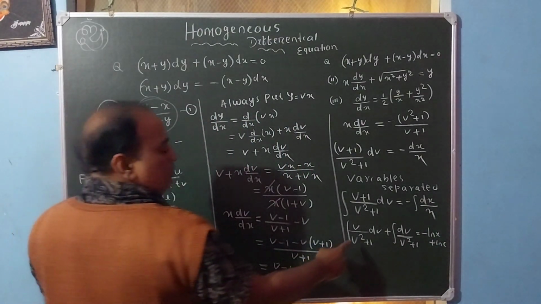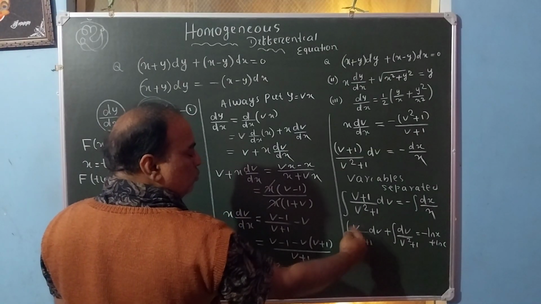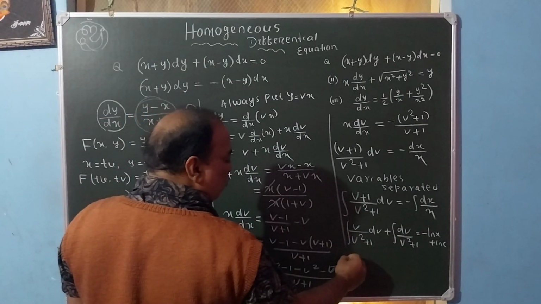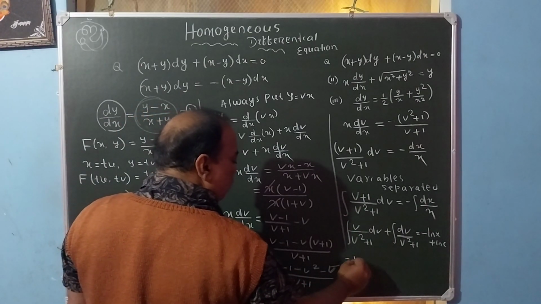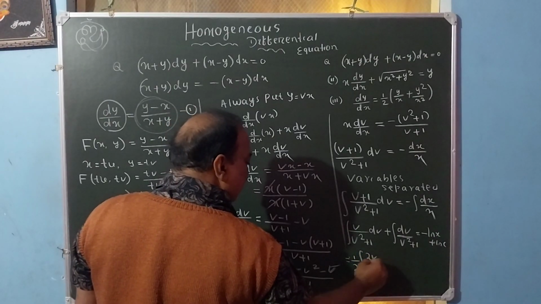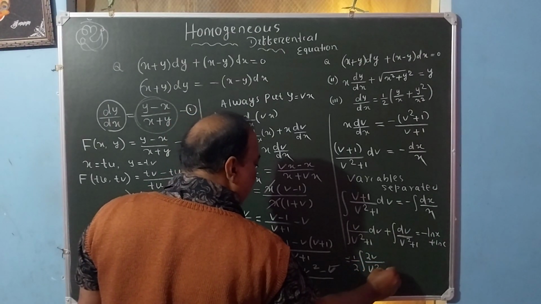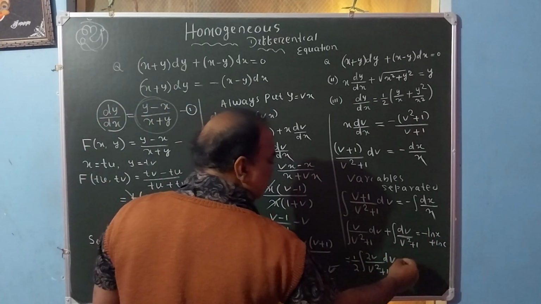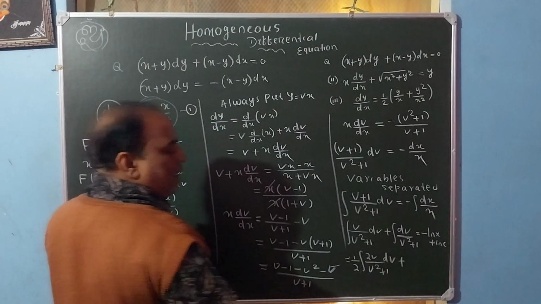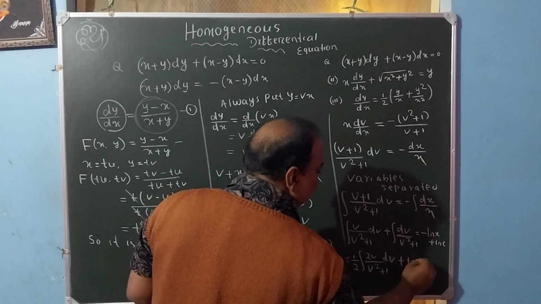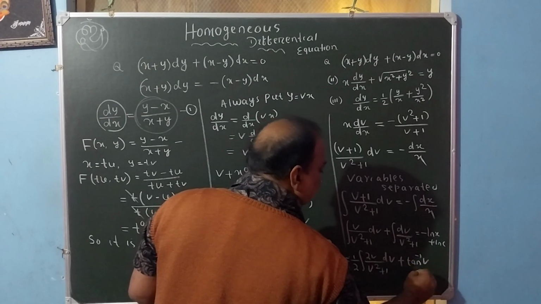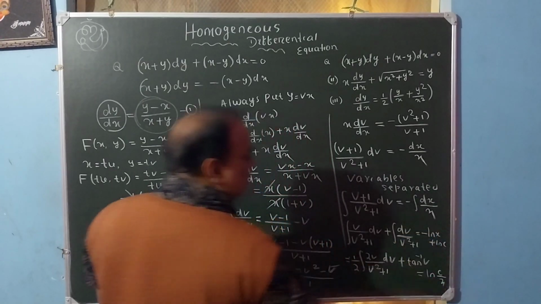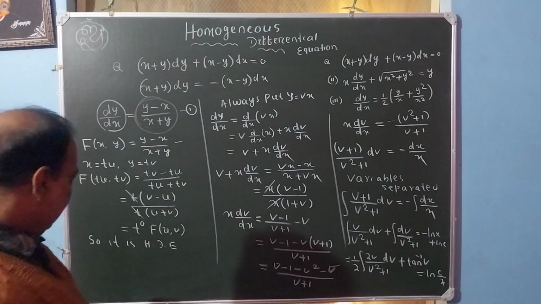So here it is v square + 1 and whose derivative is 2v. So now multiplying 2 and dividing 2, we get 1/2. Here it is 2v/(v square + 1) dv. Here integration formula applied, tan inverse v. Tan inverse v is equal to ln c by x, ln a minus ln b is ln a by b.